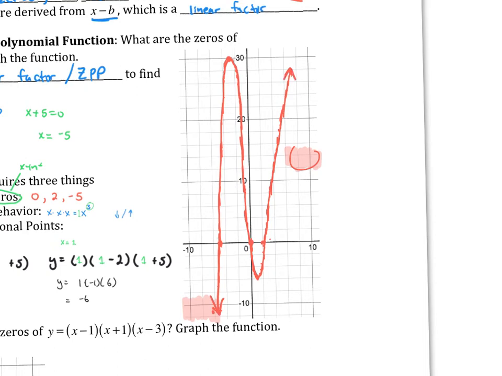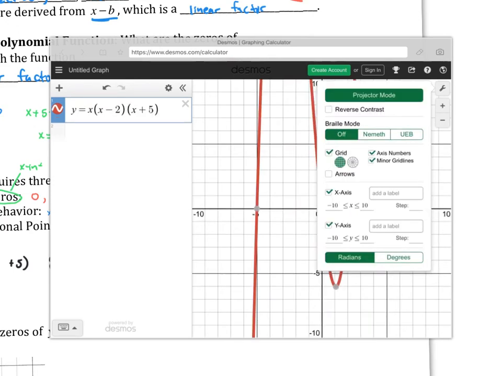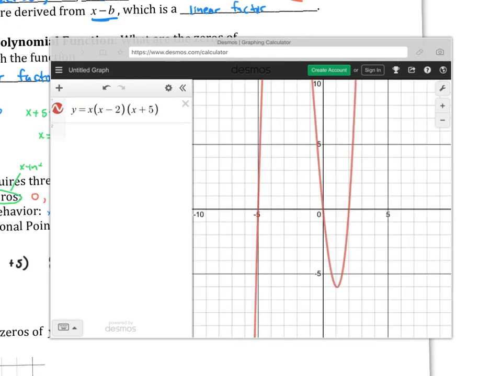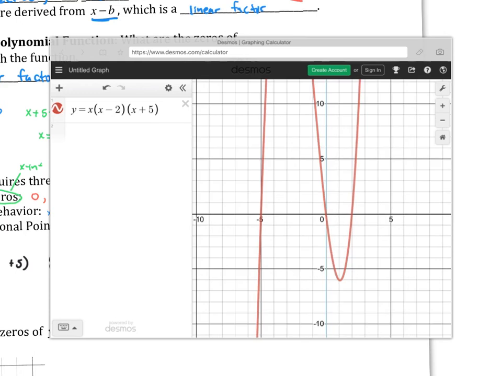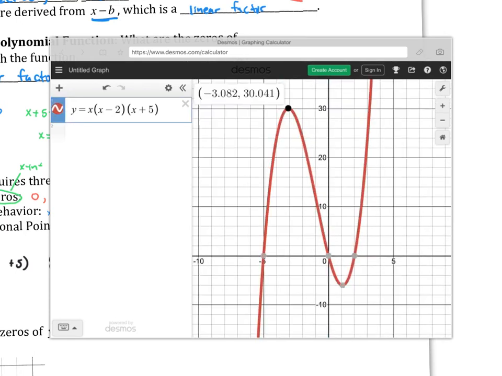Now let's go ahead and check this using a graph. So here's Desmos, and I've entered the function in, and of course notice what we get here is it's quite off, so I need to change my scale. Notice here that at -3 it goes actually a little bit higher than what we were expecting. But here's some things that we know to be true.